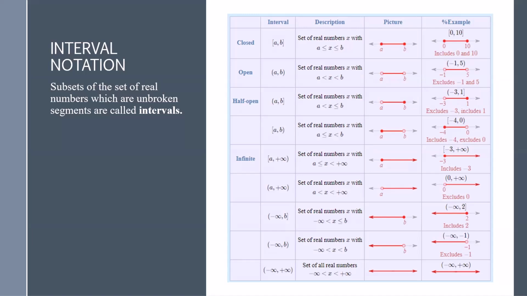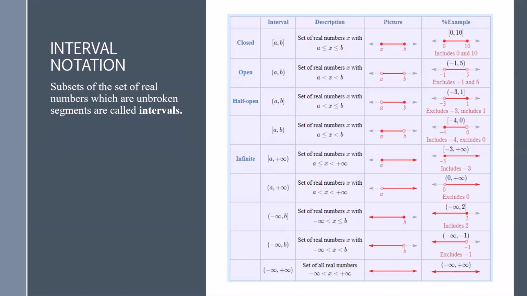We have some types of infinite intervals as well. So the interval square bracket a, comma, infinity, round bracket, is a set of real numbers that are greater than or equal to a. If we have a round bracket around a, that's a set of real numbers from a to infinity that are strictly greater than a.